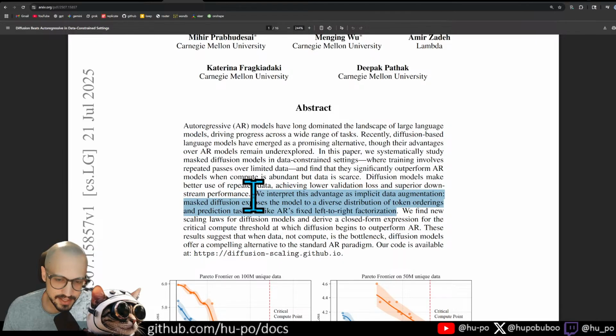Inside the training process of a diffusion model, there is this built-in data augmentation, which ends up making them much more robust to repeated epochs, or repeatedly seeing the same data point over and over again, because even if you're feeding the same data point in, you're getting a different path from noise to image, right?